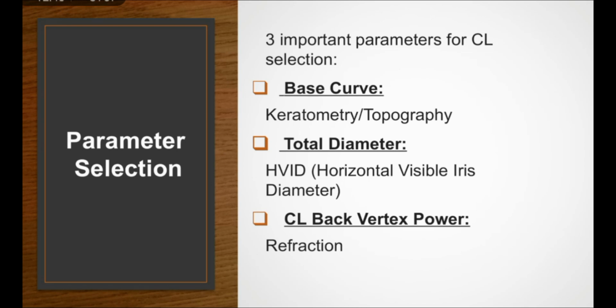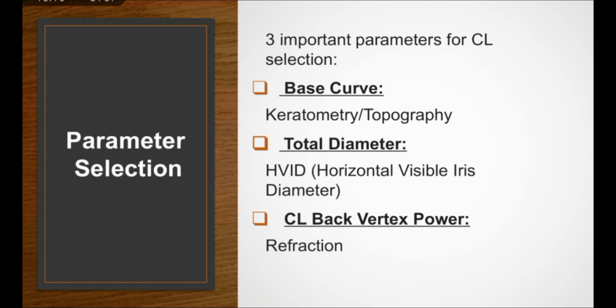Because in the last video I told you that if you are giving minus contact lenses to the patient, the power should be less than the spectacle power, and if you are giving plus lenses, it should be more than the spectacle power. So these are the three important parameters which should be considered.